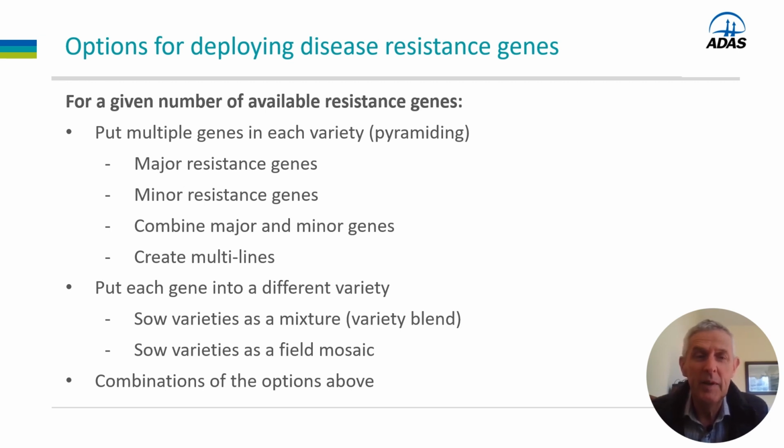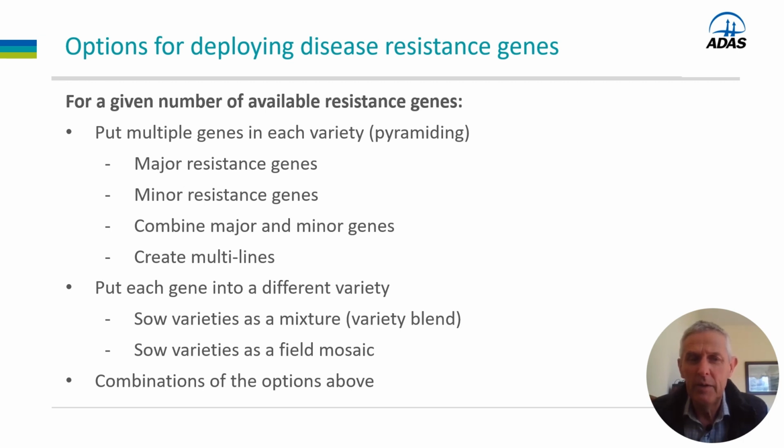And we can stack together or pyramid major resistance genes. We can stack genes of smaller effect, the minor resistance genes. We could combine major and minor genes, or we could create multi-lines.